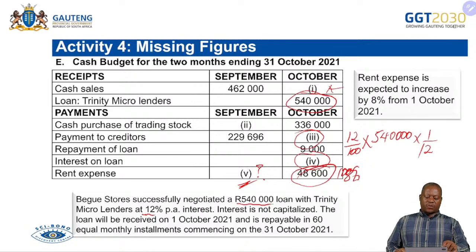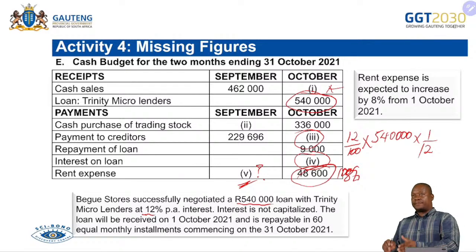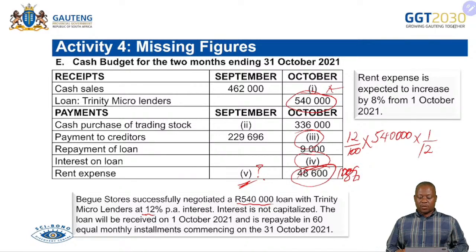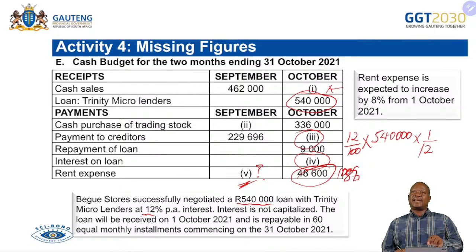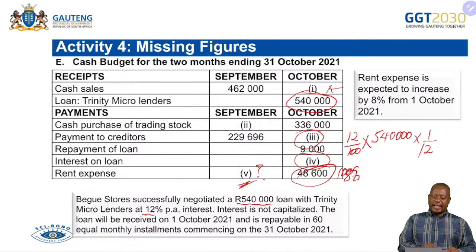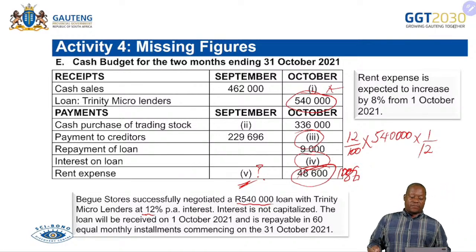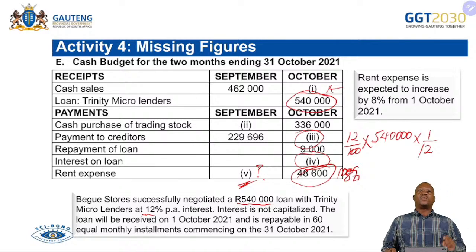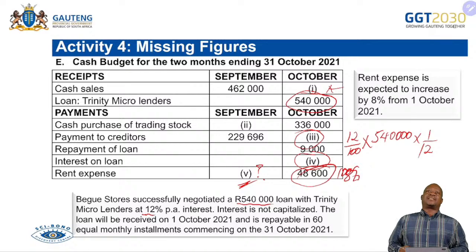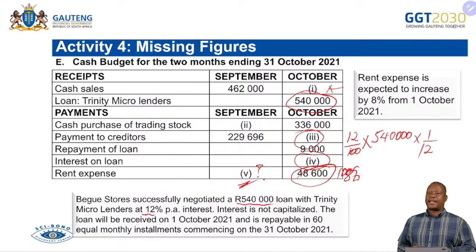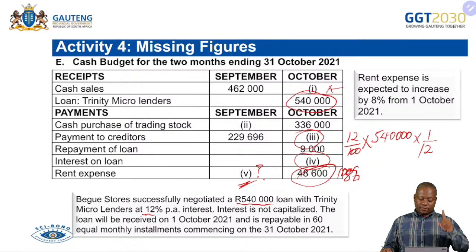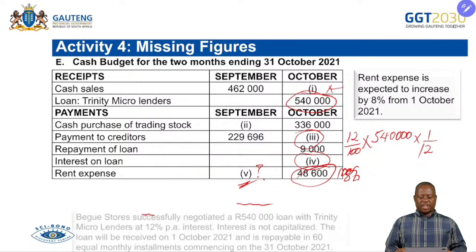If we want to find the creditors' payment for October, remember we are paying 1 month after, which means we are interested in the purchases for the month of September because they are the ones that are paid in the month of October. But we are not interested in the total purchases, we are interested in the credit purchases only. Very important.